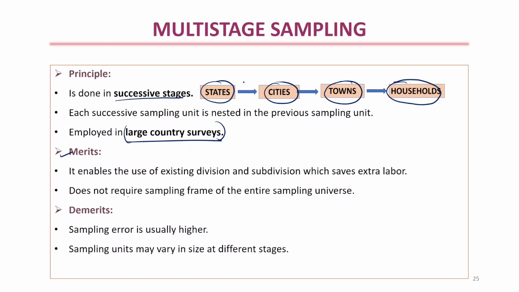Also, we don't need a complete list of the entire population, that is, no need for a sampling frame of the entire sampling universe. However, because sampling happens at several stages, the sampling error is usually higher than that of simple random sampling, and the sampling units may vary in size at different stages.